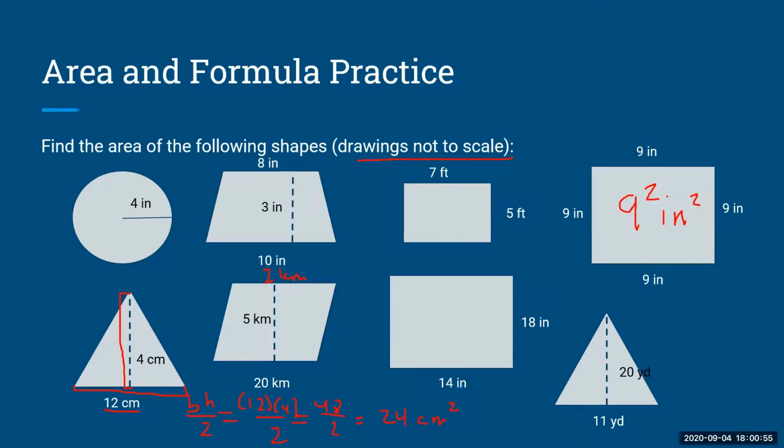The parallelogram that you put in there doesn't really make sense because the bottom, yeah, my bad. The top is like 2 kilometers. What are you talking about? I don't know what you're talking about.